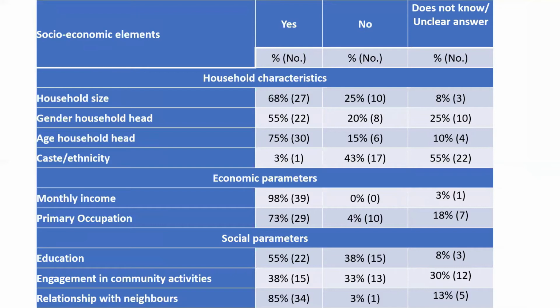For example, they think family size, household head age, monthly income and relationship with the neighbors are highly influential in their adaptation decision, whereas caste and ethnicity, engagement in community activities, and education are comparatively less influential according to their perspective.